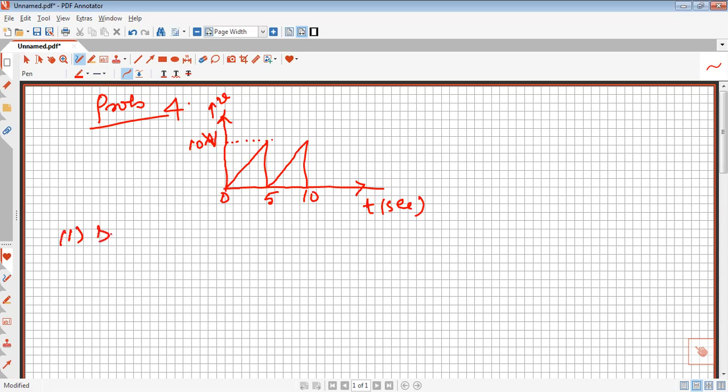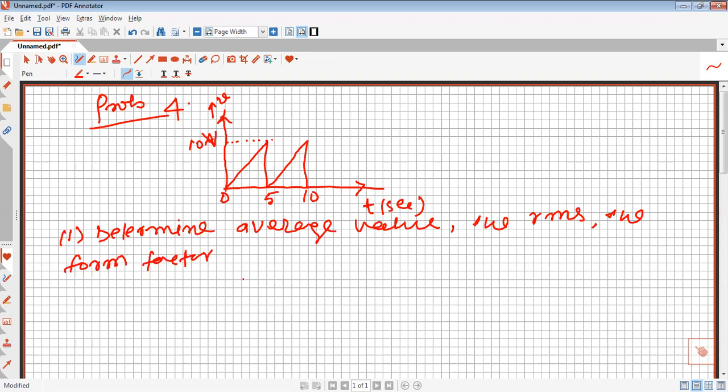Determine the average value, the RMS (root mean square) value, the form factor, and the peak factor of this sawtooth waveform.